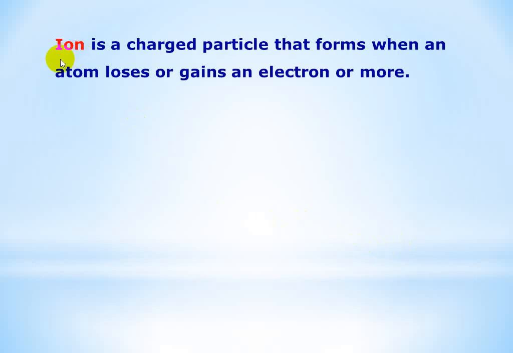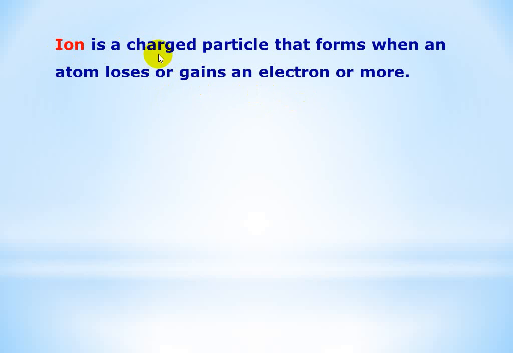So, what is an ion? An ion is a charged particle that forms when an atom loses or gains an electron or more. So, when an atom loses an electron or gains an electron, it is no longer neutral, it becomes charged.